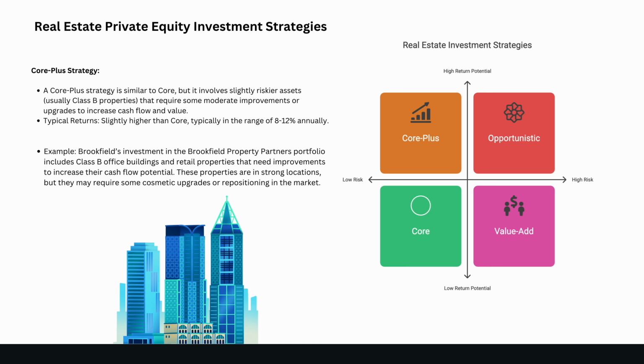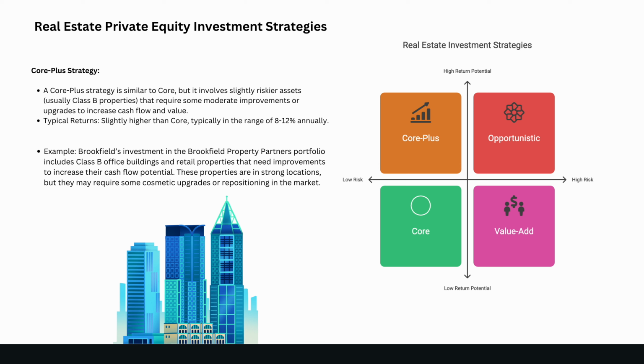All right. Then the second real estate investment strategy is the core plus strategy. A core plus strategy is similar to core, but it involves slightly riskier assets, usually Class B properties, and it requires some moderate improvements or upgrades to increase cash flow and value.